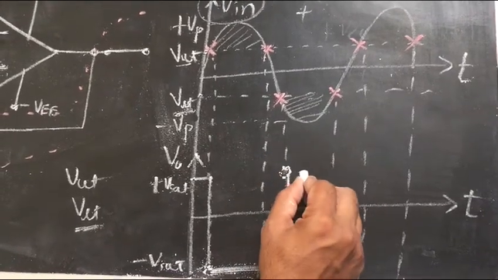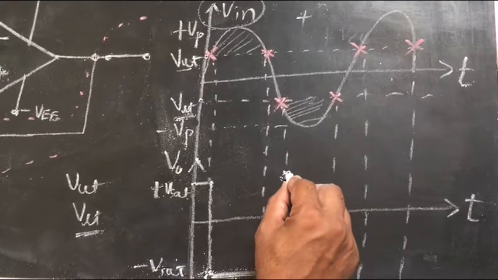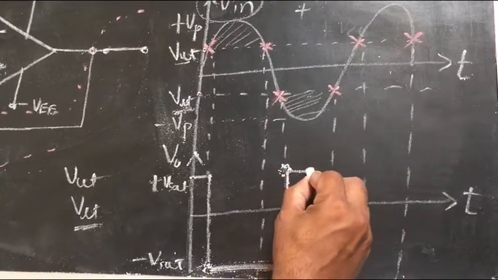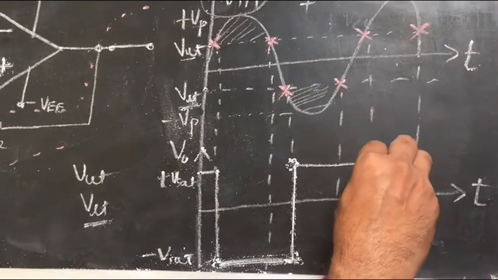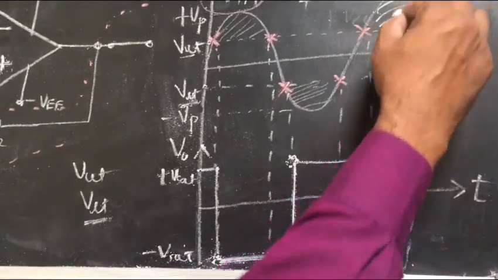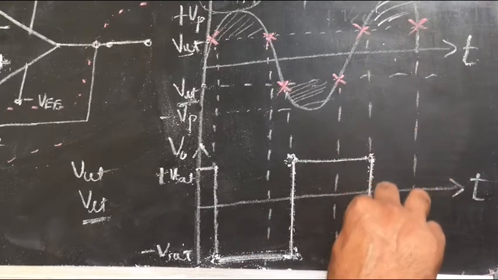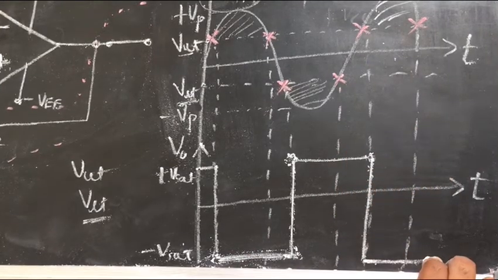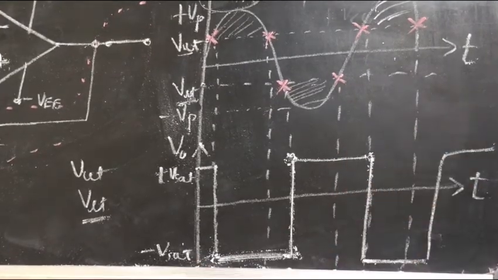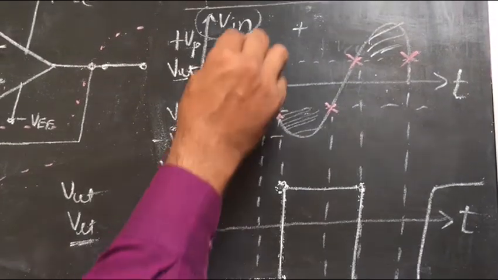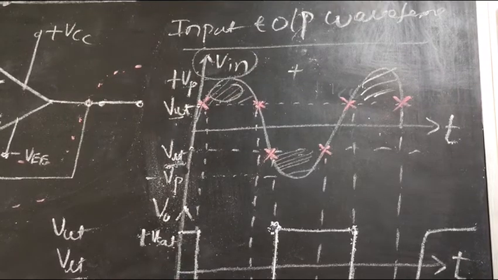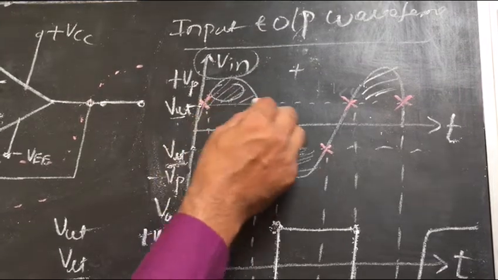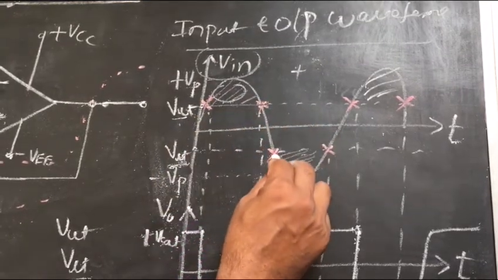Again, this remains the same until the next reference voltage, that is once again VUT. Again, when input is more than VUT, once again it jumps to minus Vsat and the process continues. I'll repeat, students. When input voltage is greater than VUT, that is here, the output goes to minus Vsat and it remains the same until the next threshold, that is VLT.